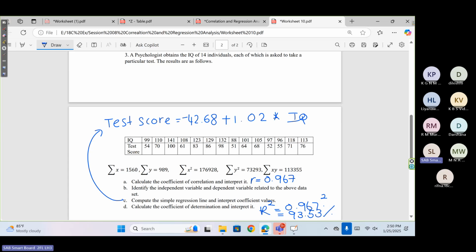Test score again major proportion එකක් තමයි IQ level එකකින් මත depend වෙන්නේ. The rest is explained by the other factors. Now factors විවිධ බලපාන. Clear? Okay, now you go through it and do question number 2.